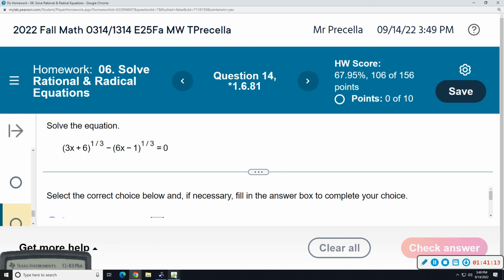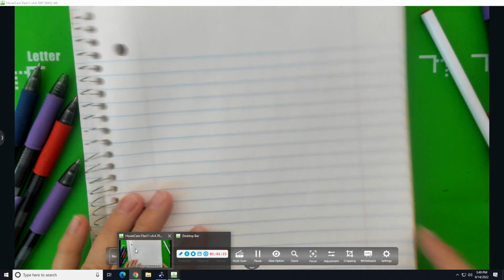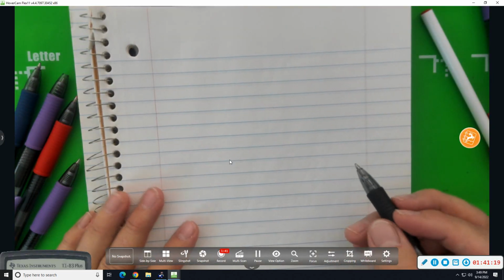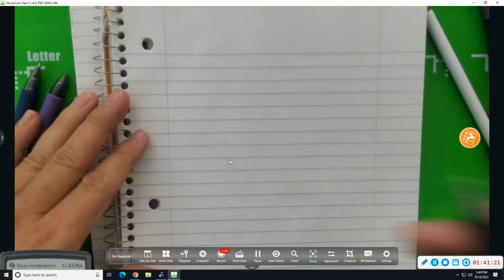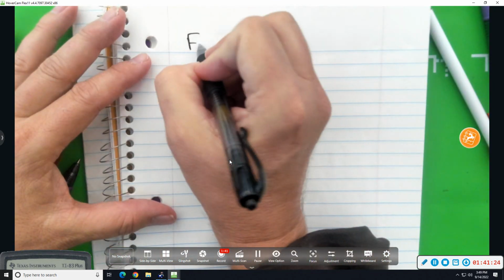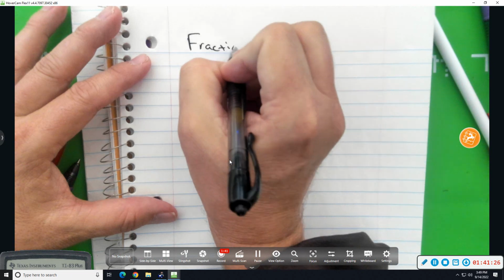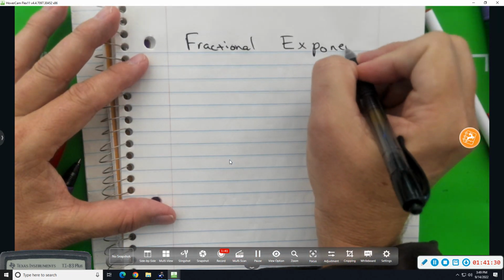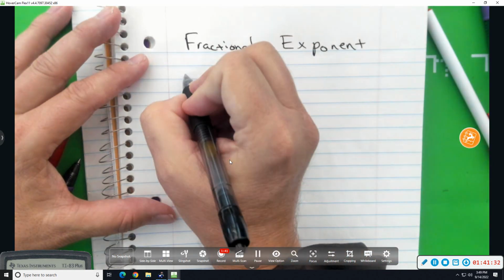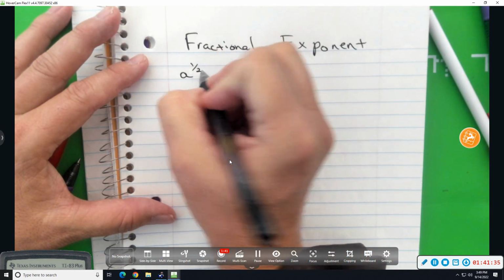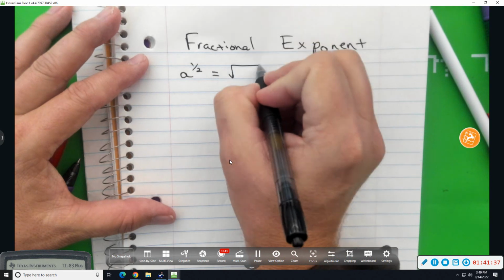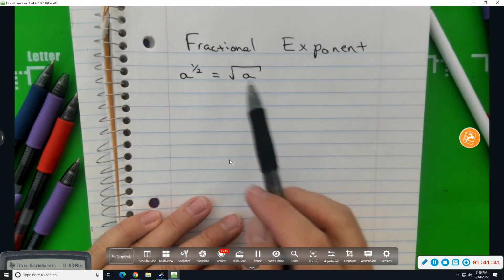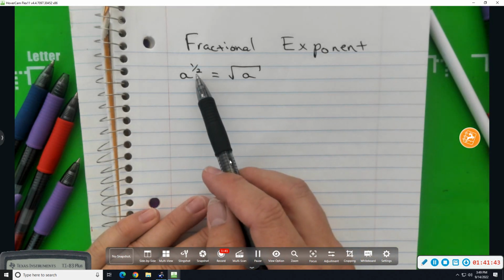Tim, review for the class what a fractional exponent means. A fractional exponent is nothing more than another way of expressing a radical. In general, A to the 1/2 is the same thing as the square root of A. Once we get to logarithms, we'll have to be converting the square roots to fractional exponents of 1/2.